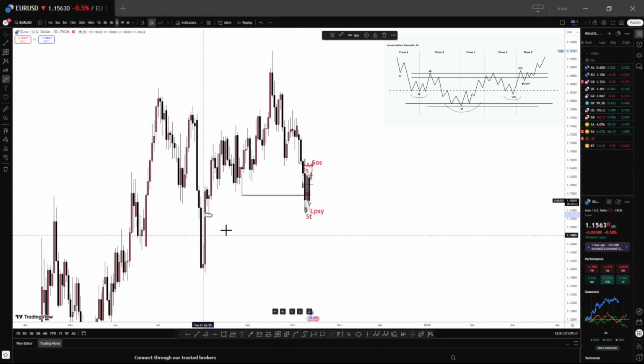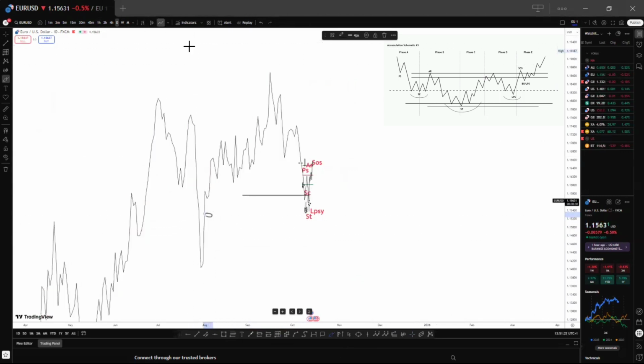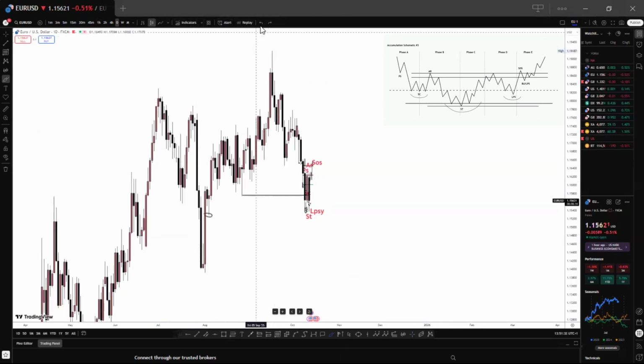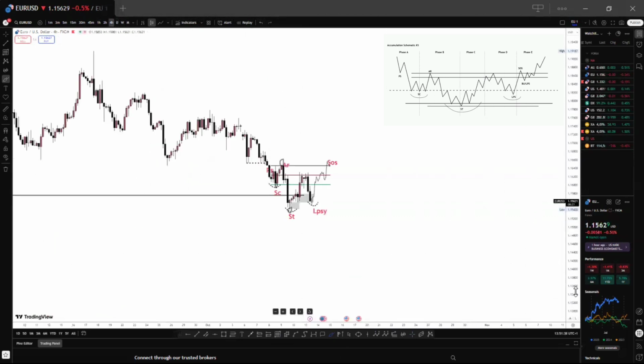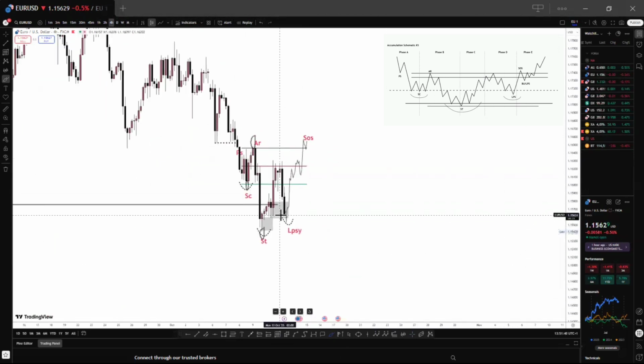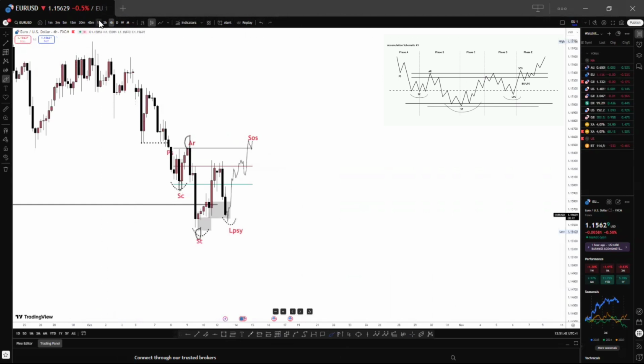We know this is a void and this was a manipulation, and using candle line charts, you can see that was a manipulation, okay? So there's no certainty that price is going to return back here, or if it does, it might be coming back to fill the void fully. But other than that, from what we can also see on the lower time frame, there are multiple price actions showing that this could be an accumulation schematic, and that is why we have this projection.